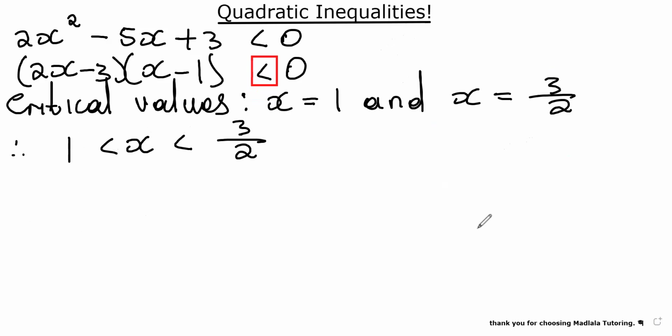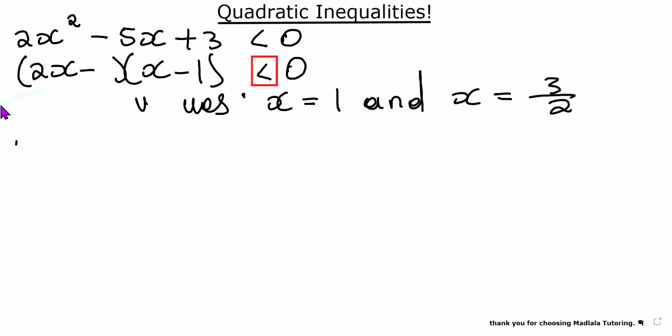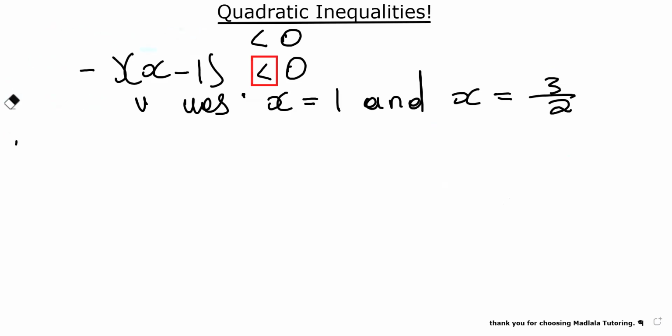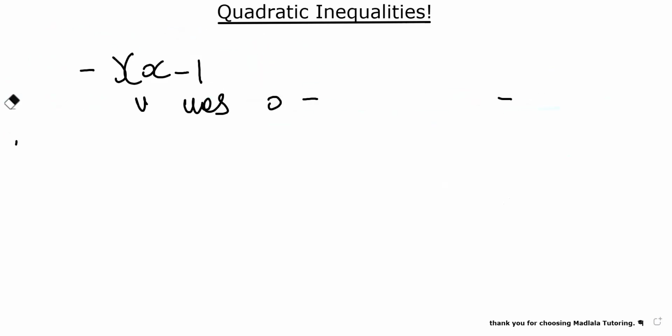So yes, you can sketch that graph and see if what I'm saying to you is actually true. But it is true. But of course, don't trust me, right? Always go and verify what I'm saying to you.